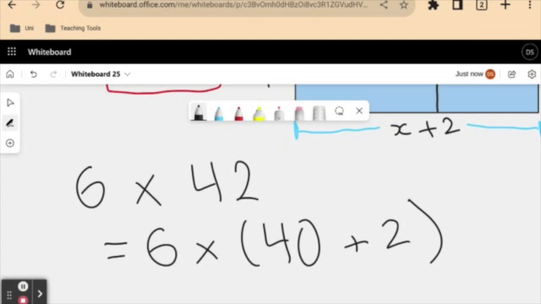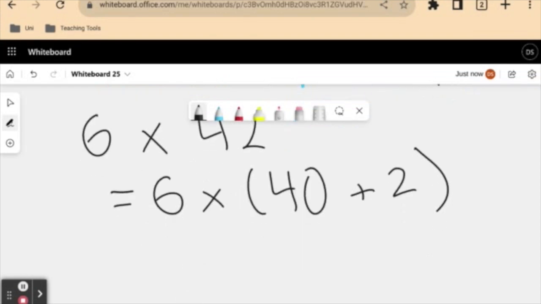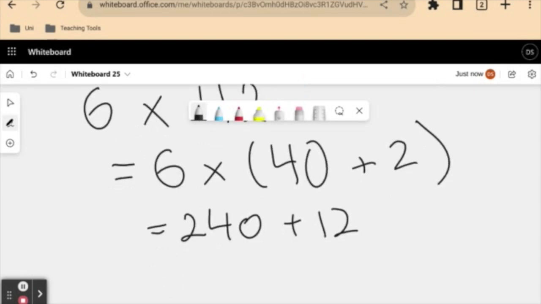And I can say, 6 times 40, that's actually not too bad. When I multiply those two together, I get 240. And when I multiply 6 by 2, which is the next component of 42, I get 12. So my multiplication's way easier, right? And I end up getting my answer of 252.